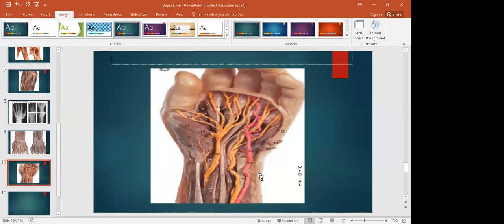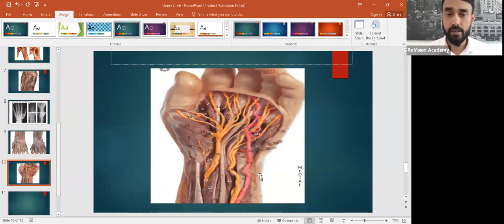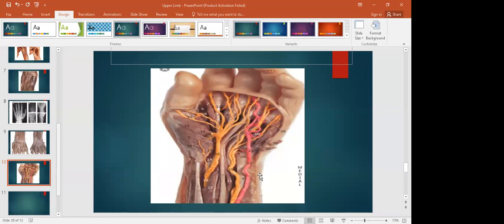Can you please tell me the supply area of the median nerve? The median nerve has a motor and sensory supply. The motor supply is the lateral 2 lumbricals, opponens pollicis, abductor pollicis brevis, and flexor pollicis brevis.